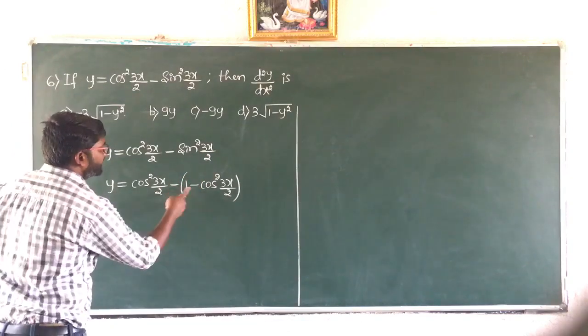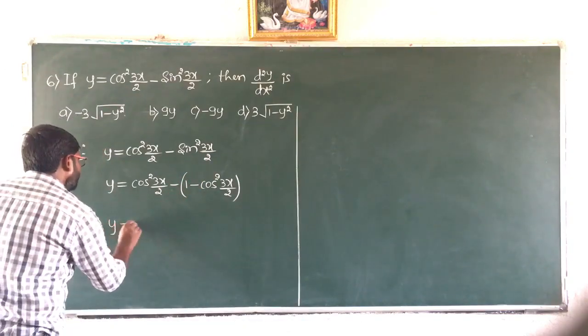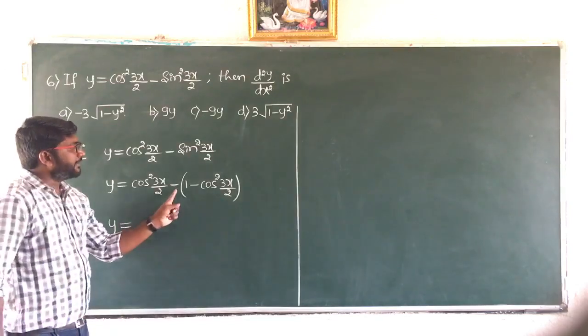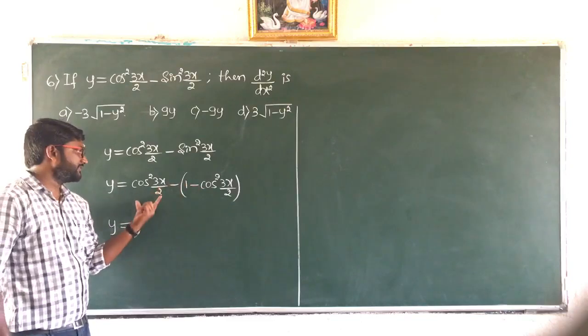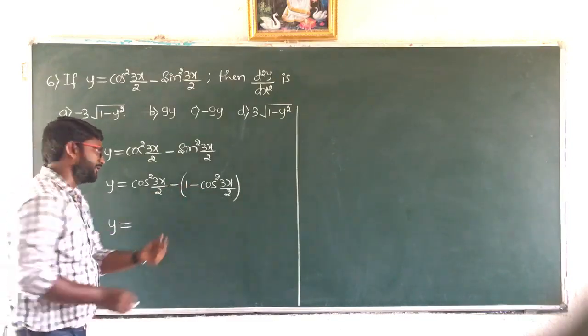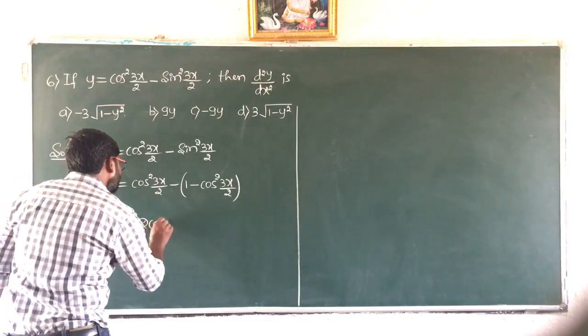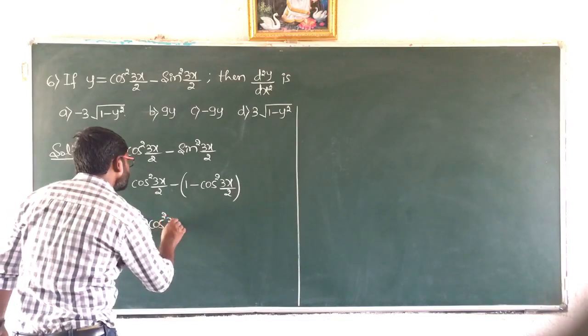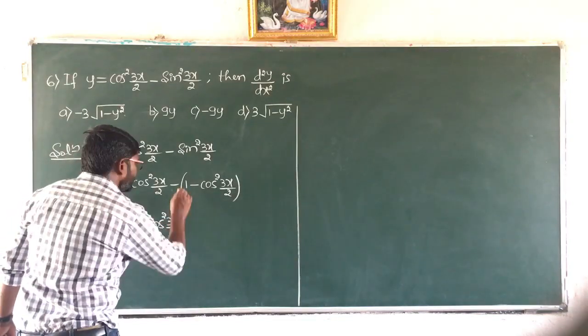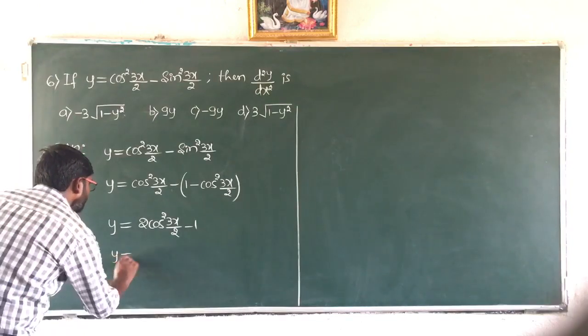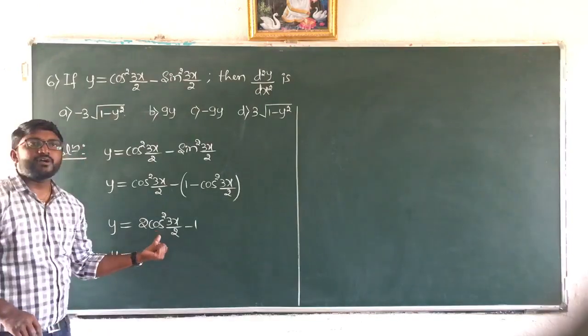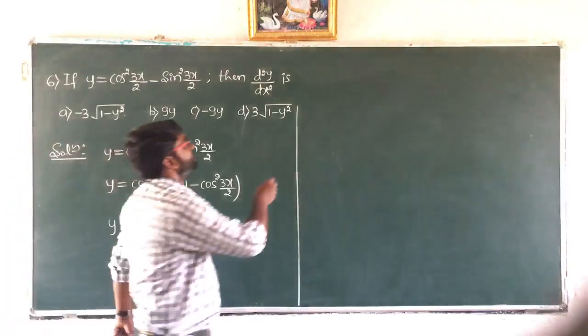So now multiply minus inside the bracket. Y, which is equal to, we get minus 1 minus into minus plus cos square 3x by 2. Cos square 3x by 2 plus cos square 3x by 2 will be 2 cos square 3x by 2. Then this minus 1 as it is. So now y, which is equal to, this is in the form of 2 cos square theta minus 1.